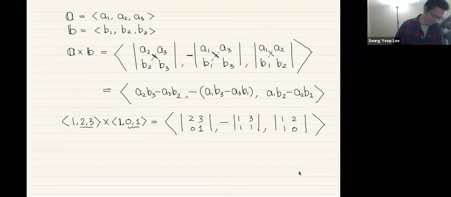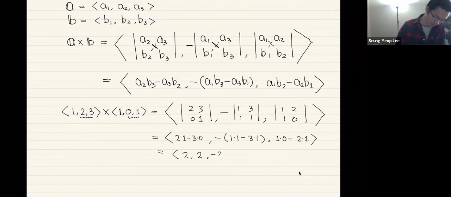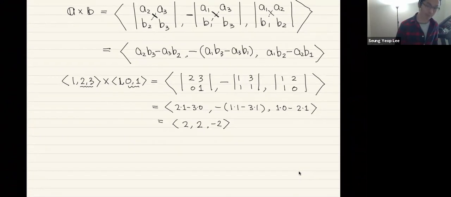Got it? Therefore we have 2 times 1 minus 3 times 0, minus 1 times 1 minus 3 times 1, and 1 times 0 minus 2 times 1. So you get the vector 2, minus 2, and minus 2. That's the answer. So you can calculate using this rather complicated algebra.